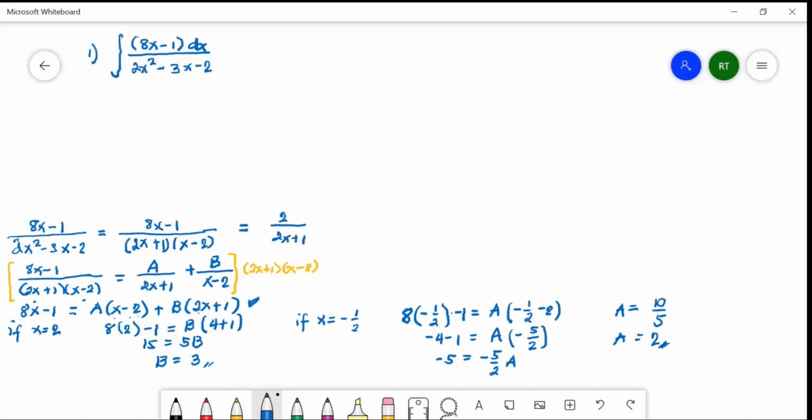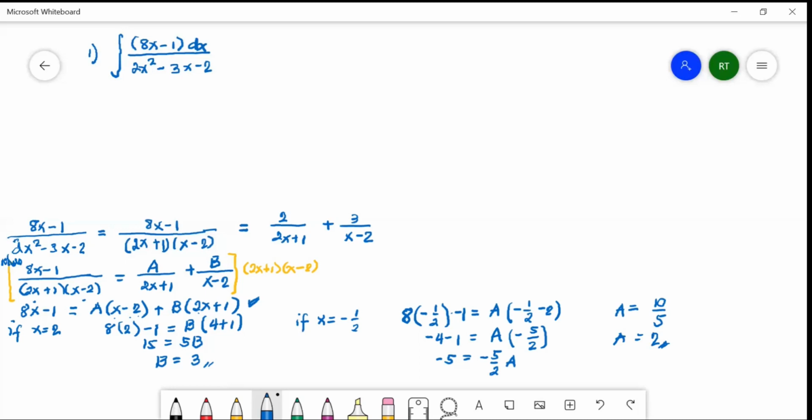Then b is 3, okay? So plus 3 over x minus 2, okay? Did you get it? So this is how we decompose the given integrand 8x minus 1 over 2x squared minus 3x minus 2 into a sum of partial fractions.